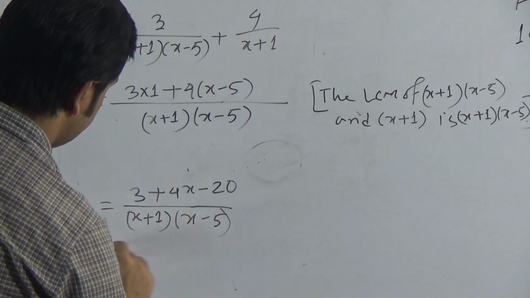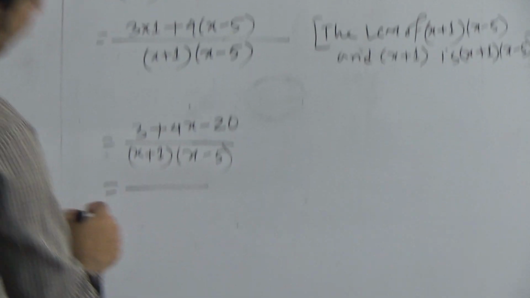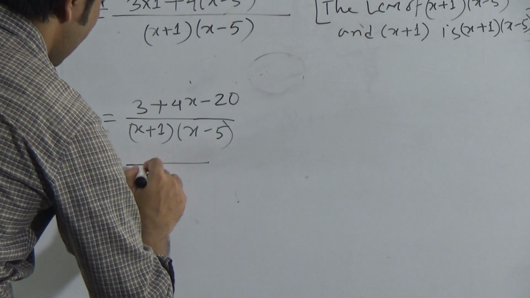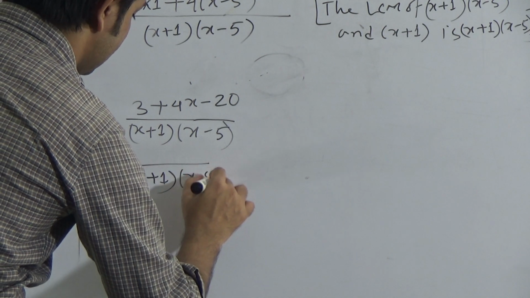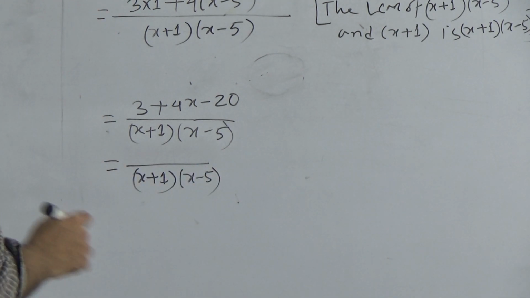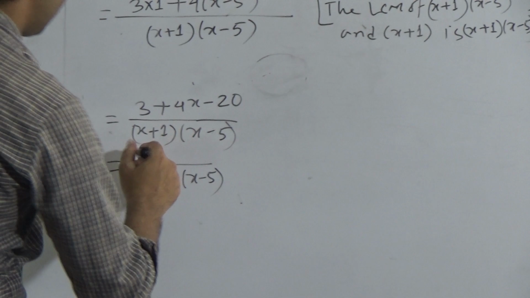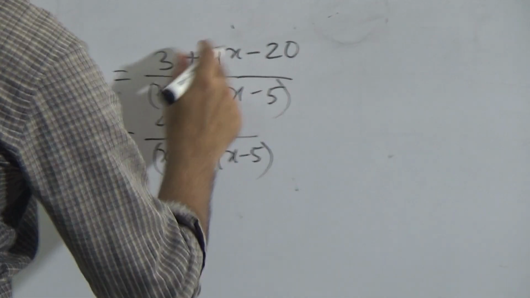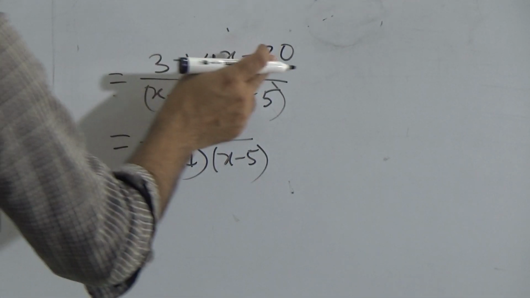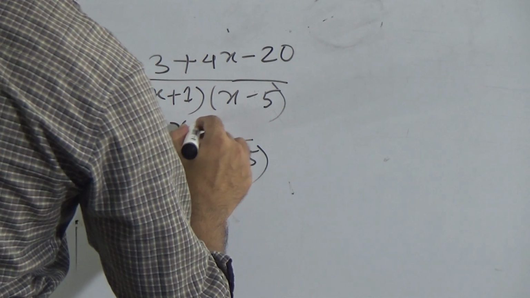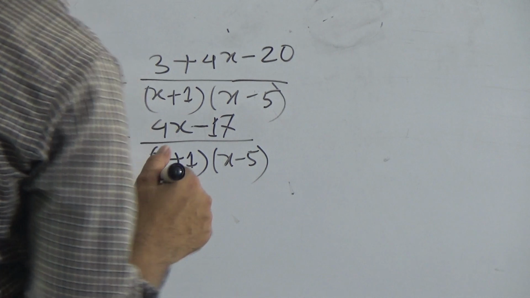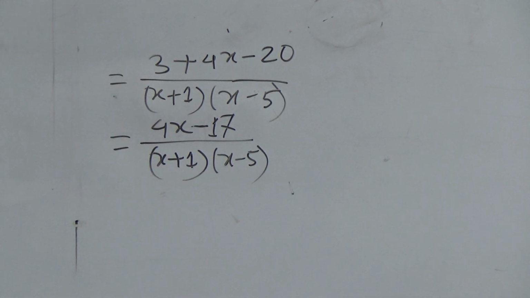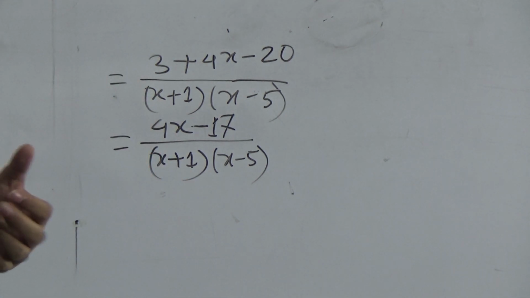Now we can write here x plus 1 into x minus 5. Now if we calculate here, 4x, there is no other x term here. Now minus 20 and plus 3, if we calculate, we will get minus 17. This is the required sum of question 15.